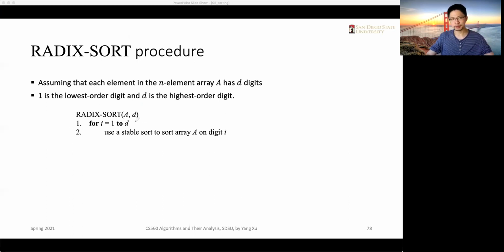The idea is straightforward. For each digit, we'll use some stable sort to sort the array A on digit i. We are not going to show the detailed implementations because it's probably very language specific, like how you organize the numbers with the same digit or with the same width.